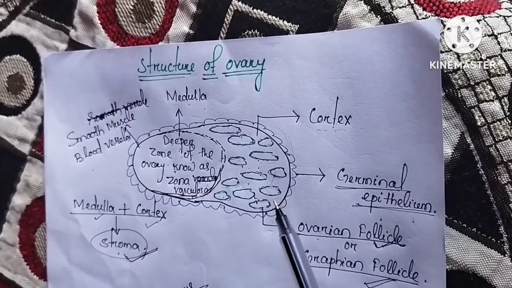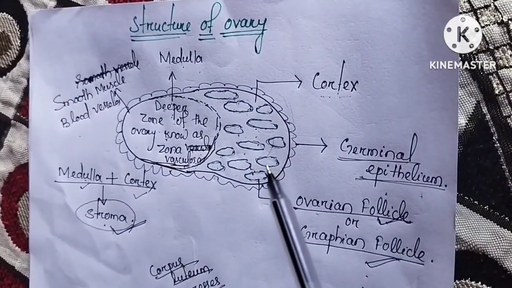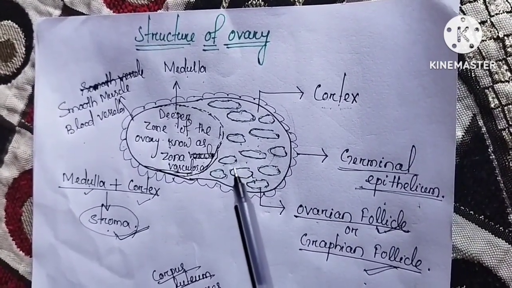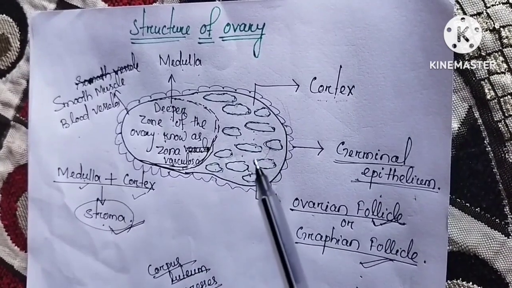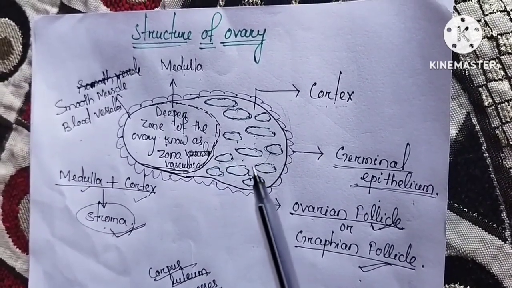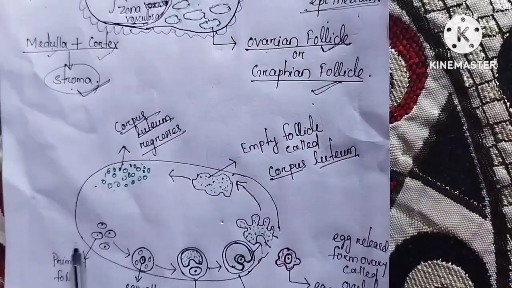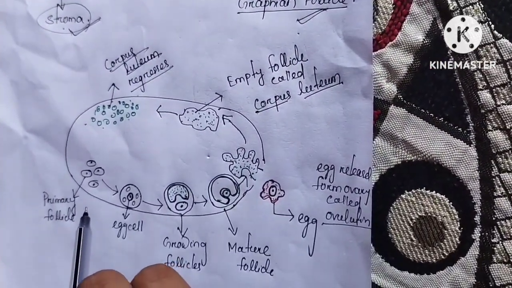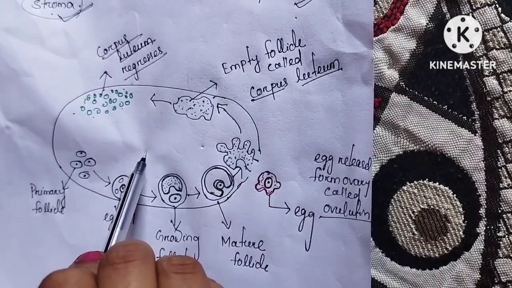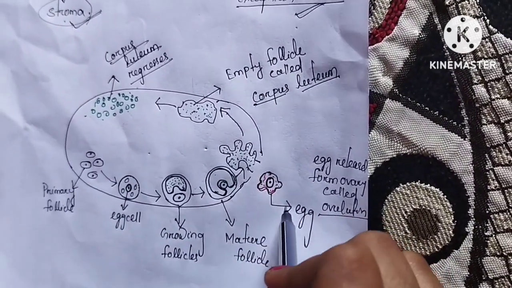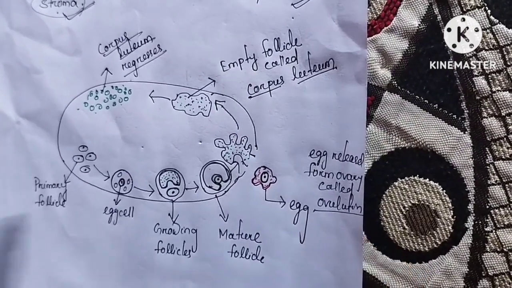After the release of the mature ovum, the remains of the ovarian follicle are termed the corpus luteum. In the ovary, oogenesis occurs.